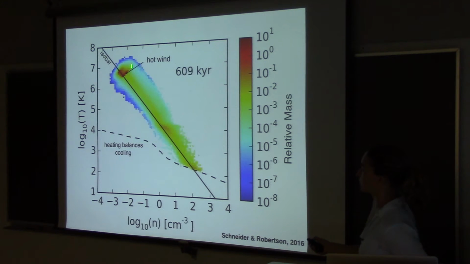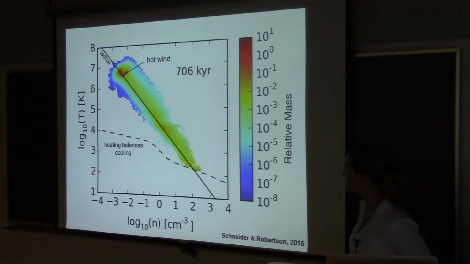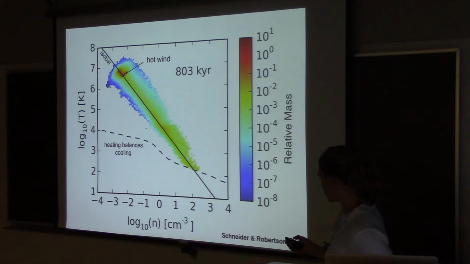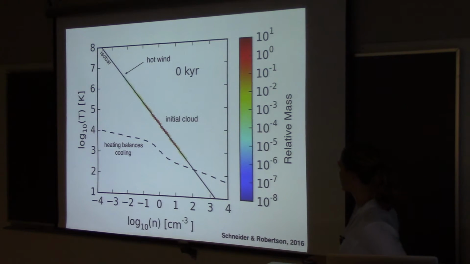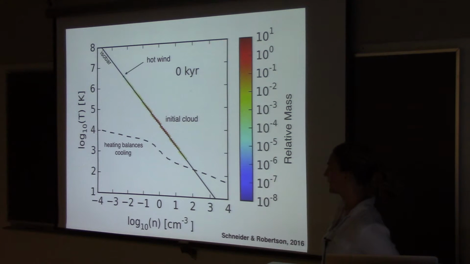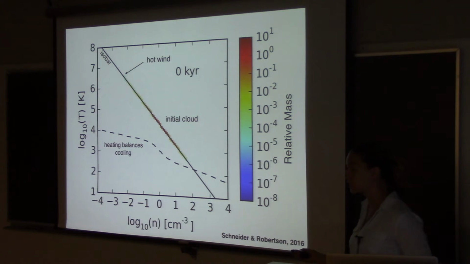You can see that there's always a lot of mass in the wind, but at earlier times there was more in the cloud, and we can watch it evolve in phase space. So I'll start this movie again. You can see the cloud was distributed initially in pressure because it had a variety of densities. This dashed line represents where heating balances cooling in these simulations.